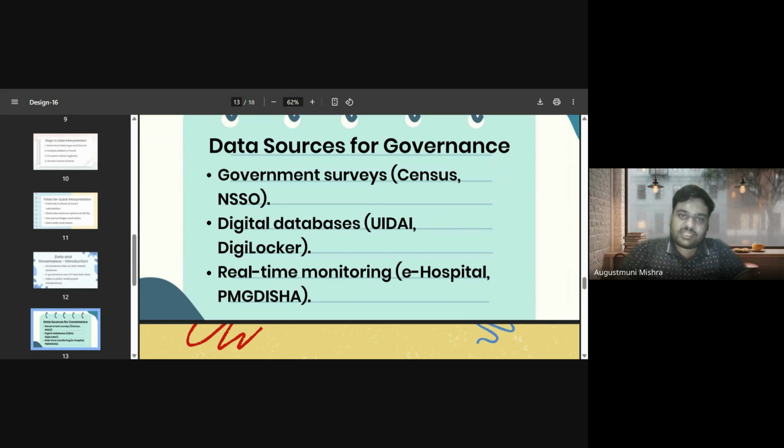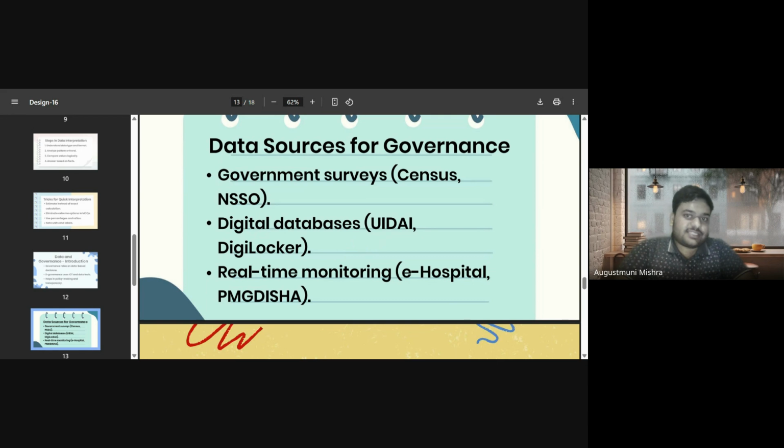So what can be the data sources of governance? Surveys, sensors, NSSO, you can find out the full form of NSSO. Census, I think everyone knows about it, because the government has said that they are going to conduct the census. Digital databases like UIDAI, Aadhaar card, DigiLocker.